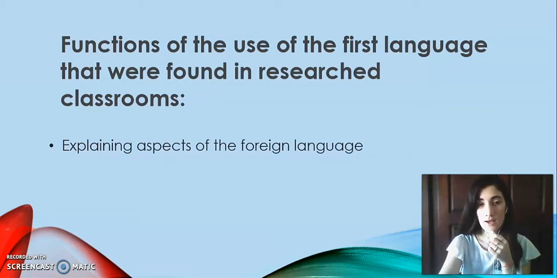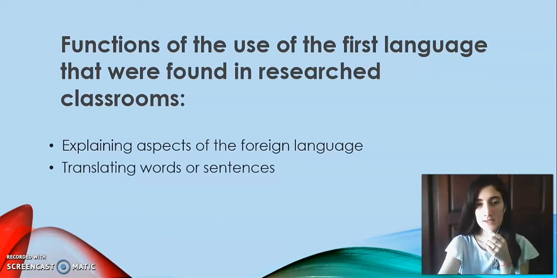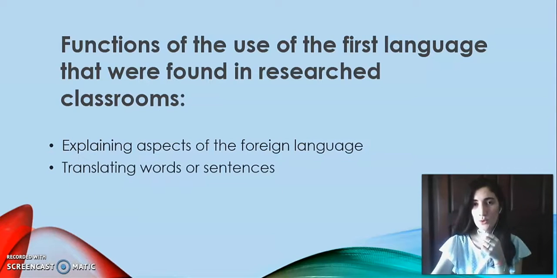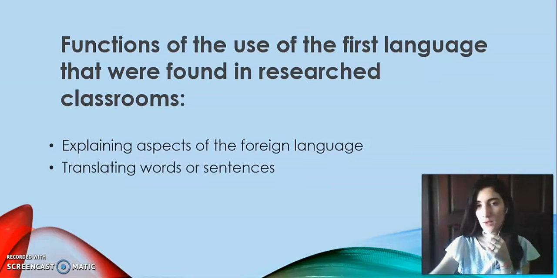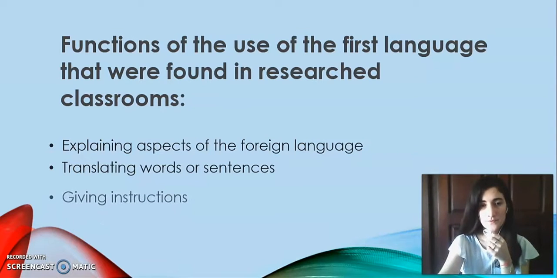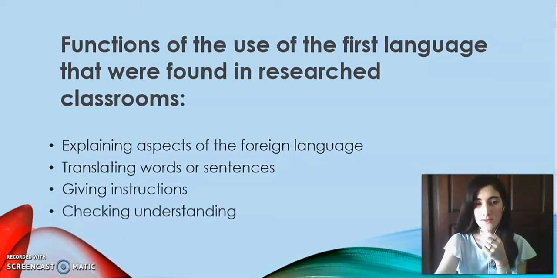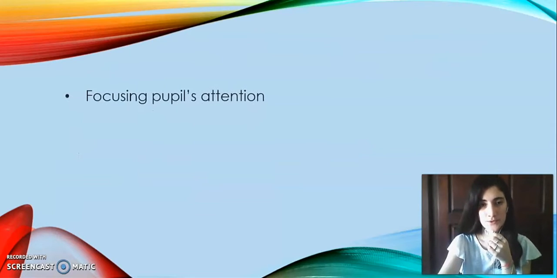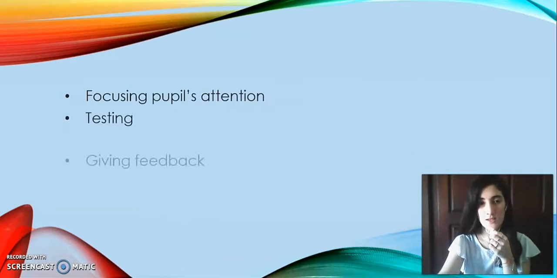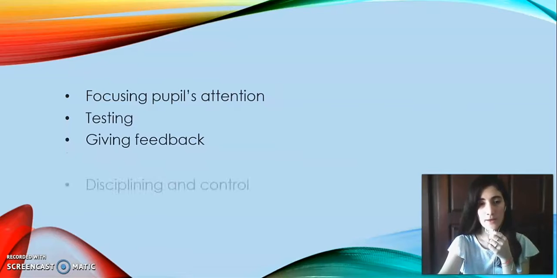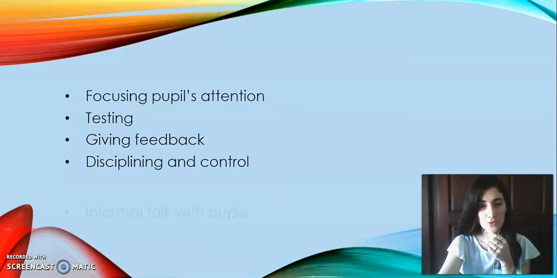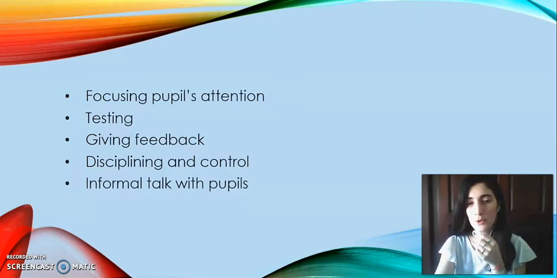For explaining aspects of the foreign language, translating words or sentences when she is teaching vocabulary, for example, she will provide the first language equivalent, giving instructions, checking understanding, focusing pupils' attention, testing, giving feedback, disciplining and control, and informal talk with pupils.